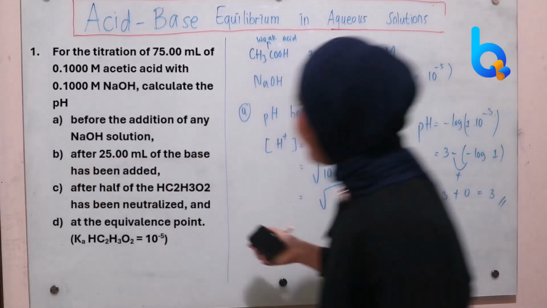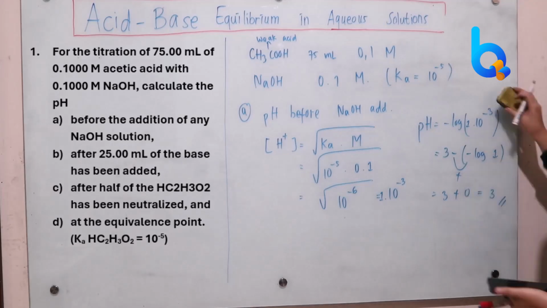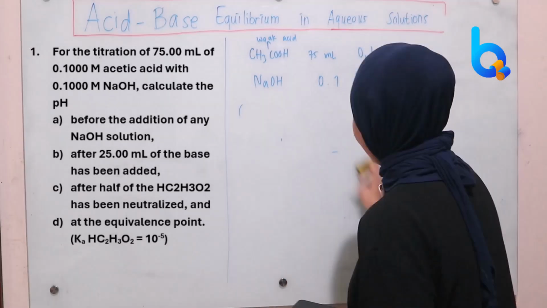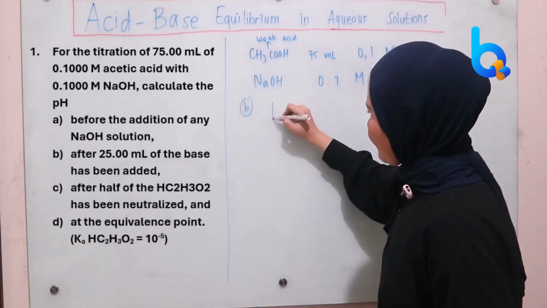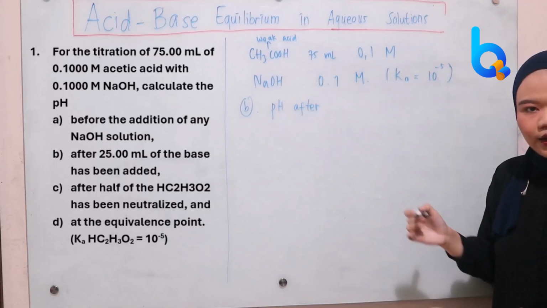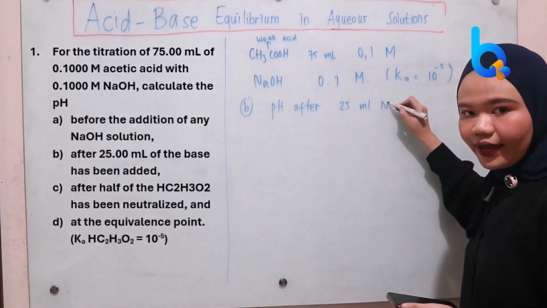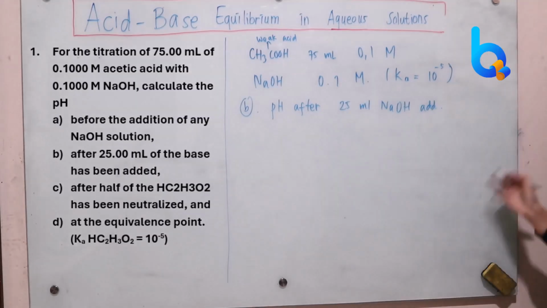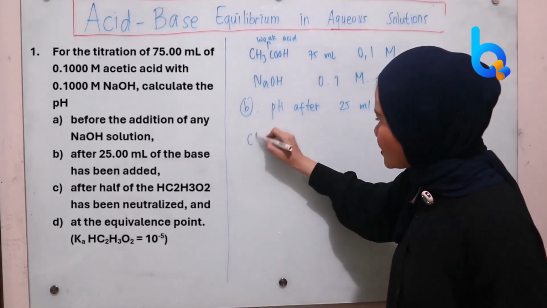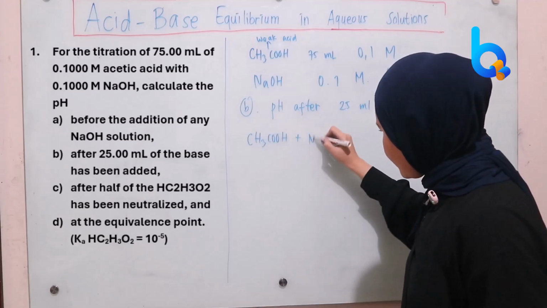Okay, we move to B. So B is the pH after 25 milli of NaOH. Okay, we have to make it balanced first with CH3COOH plus NaOH.